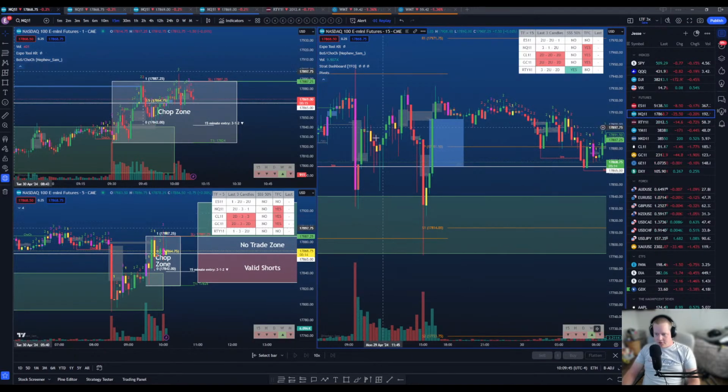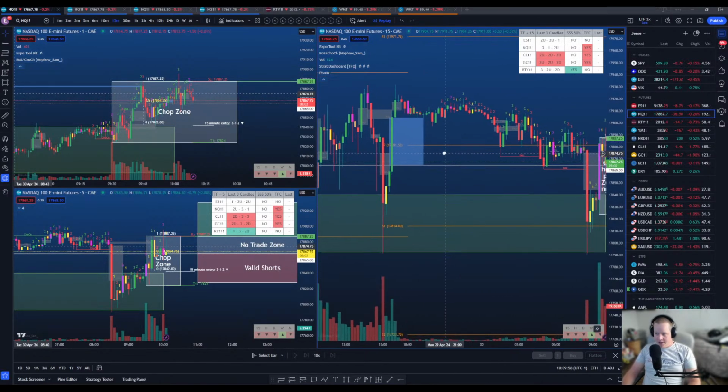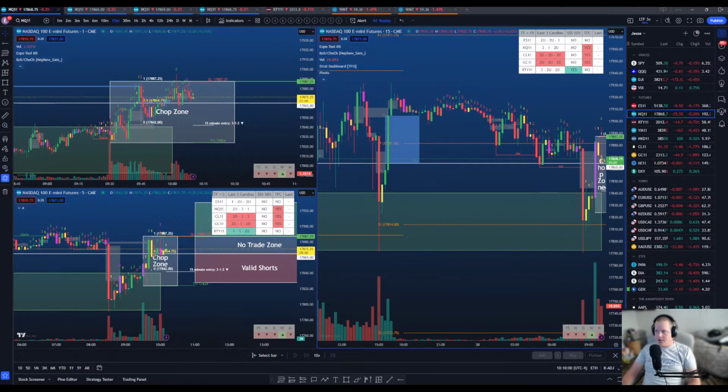This failed 2-2. I'm positive there were setups there, because we look and we see that from this high to the high here is 50 points. You can easily grab 10 points out of 50 possible, I'm sure. Every person who trades with me can do that, not because of me, but because my system can do that.